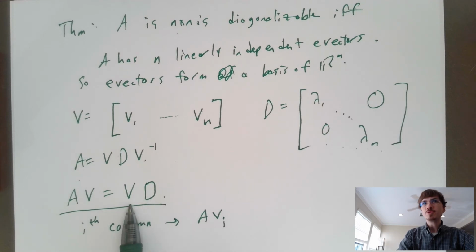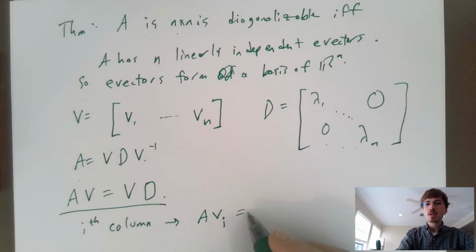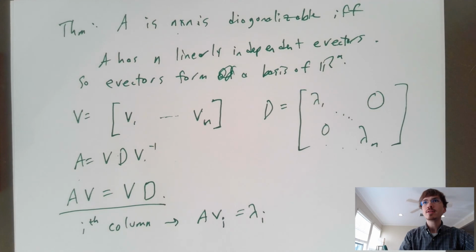It's going to be the matrix V times the ith column of this diagonal matrix. But what happens whenever I multiply the matrix V by the ith column of this diagonal matrix? Well, what's the entry in the ith column? It's just lambda i, right? And zeros fill the entire column. So the only vector that I'll really be multiplying for in V is V i.